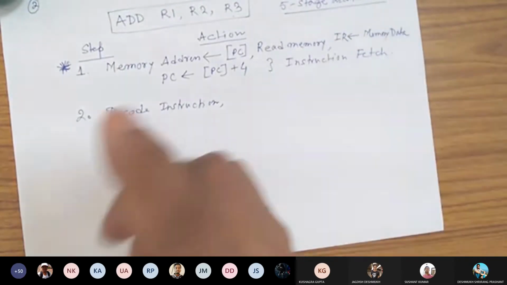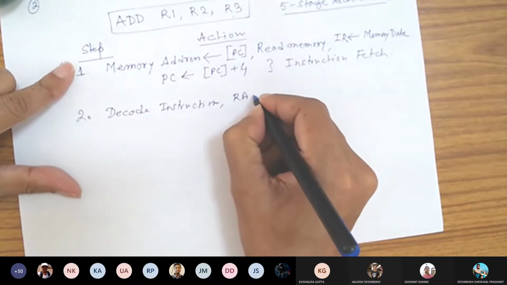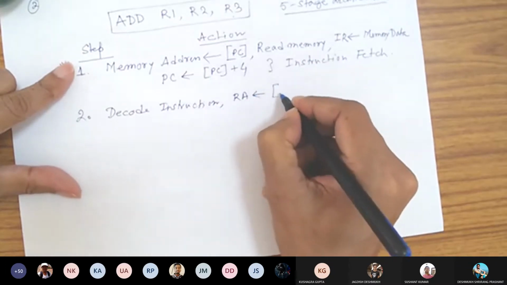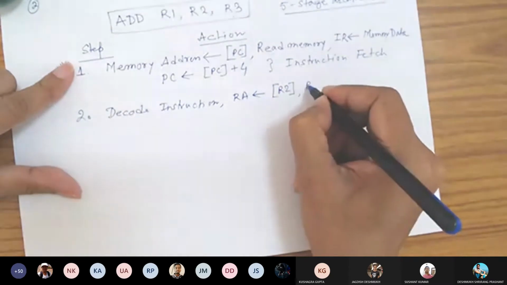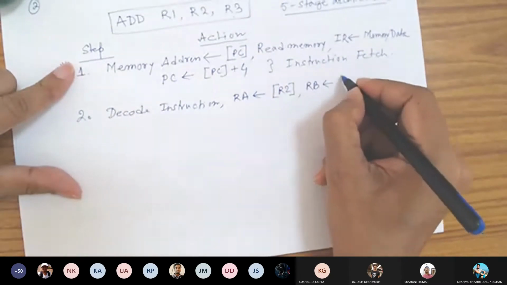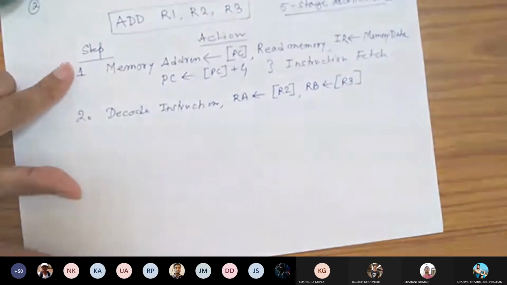It will come to RA and RB. Right. So RA will be this one. RB will be this one.